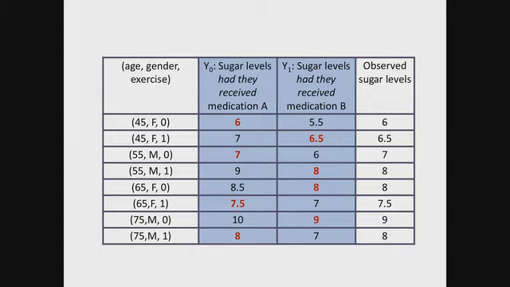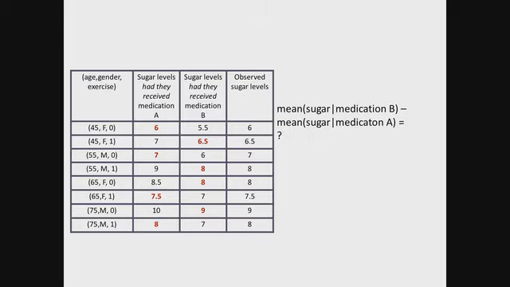First of all, is the setup clear? All right, now here's when you use your calculators. We're going to demonstrate the difference between a naive estimator of your average treatment effect and the true average treatment effect.